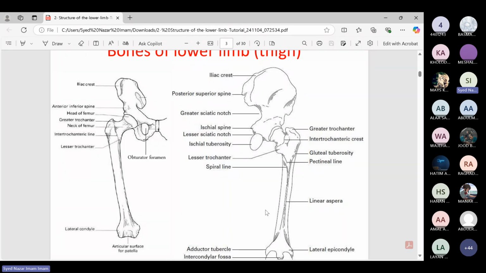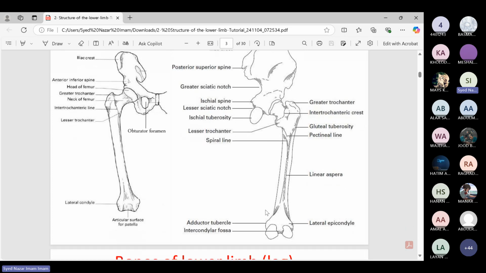Now let's go to the lower end, and in the lower end you will see something similar to the humerus. We have condyles and epicondyles here. So we have the lateral and medial condyles, and between these two we have the intercondylar fossa. Now, when you trace this linea aspera down on the medial side, you will see one tubercle here, and this tubercle is known as the adductor tubercle.